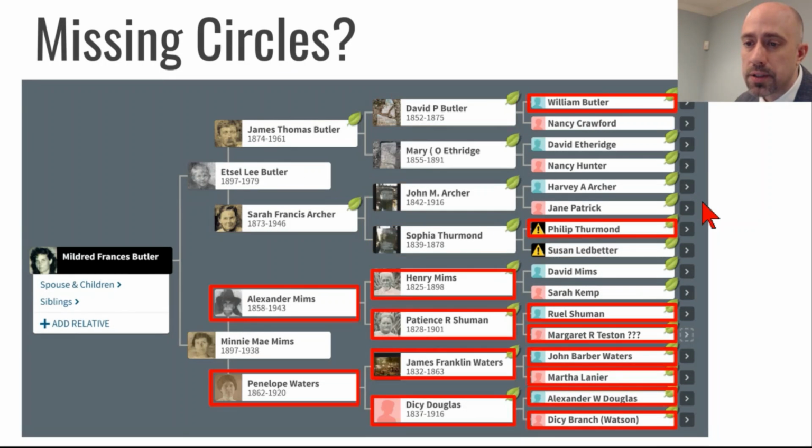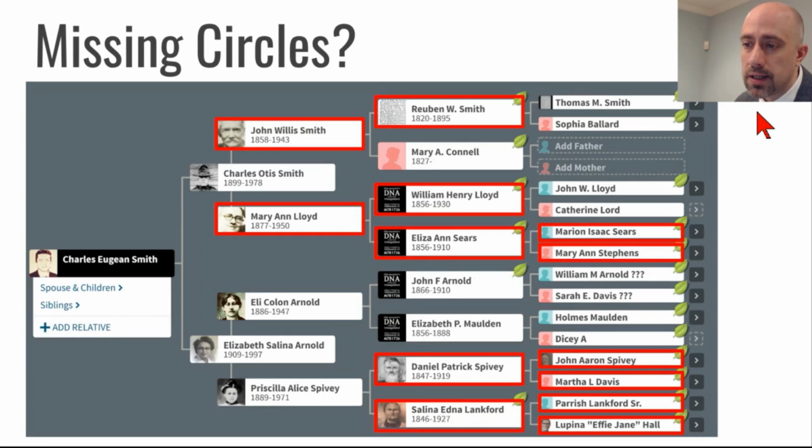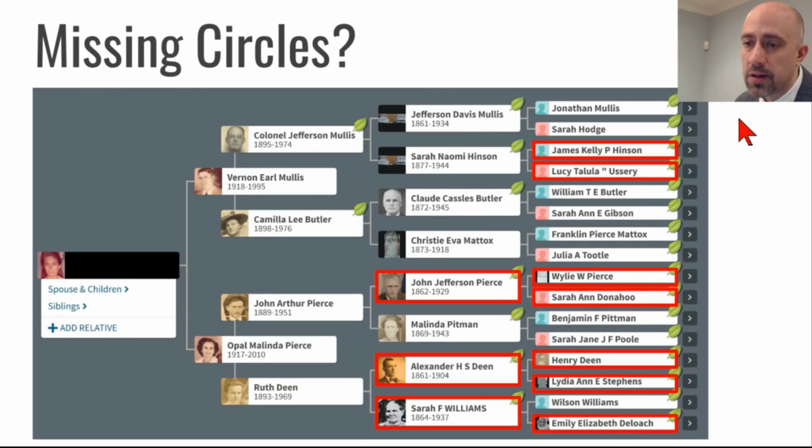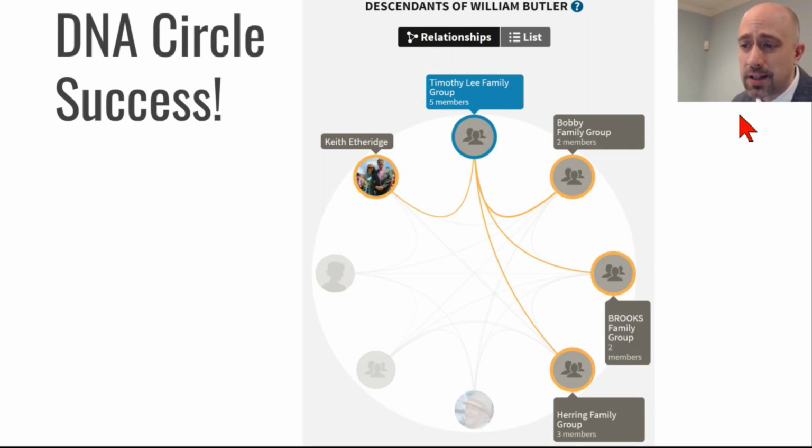We can go back up into my paternal grandmother's tree. Here's William Butler. We have a new DNA circle for William Butler. I'm not exactly sure how old this circle is because only one member of my family has this DNA circle listed with their DNA circles where you would normally find it.